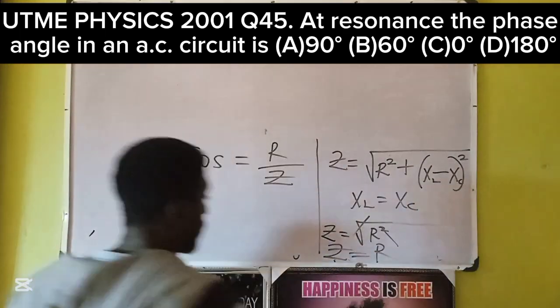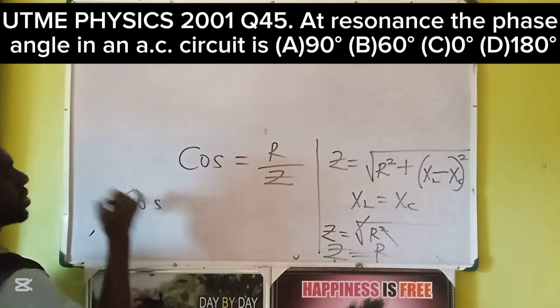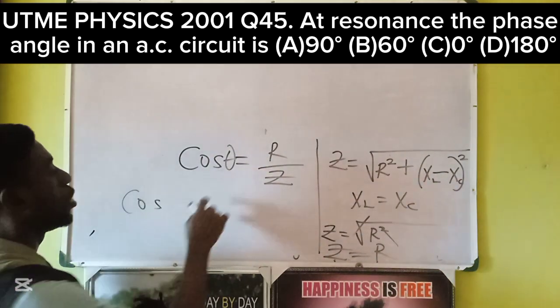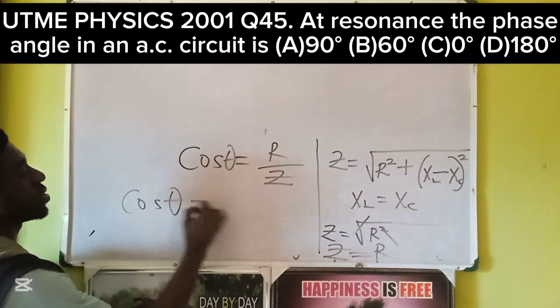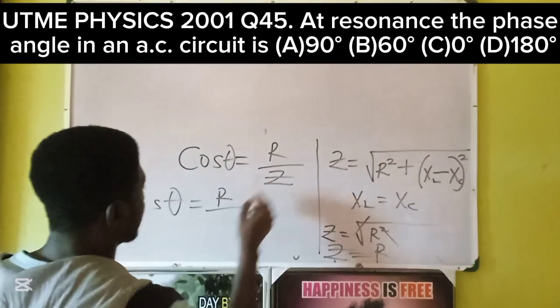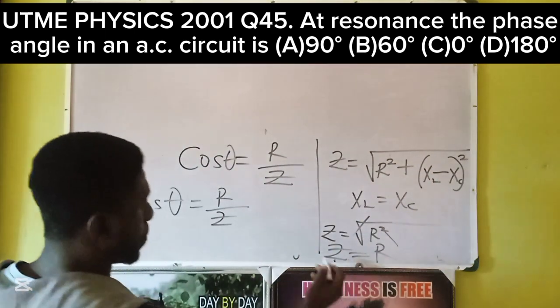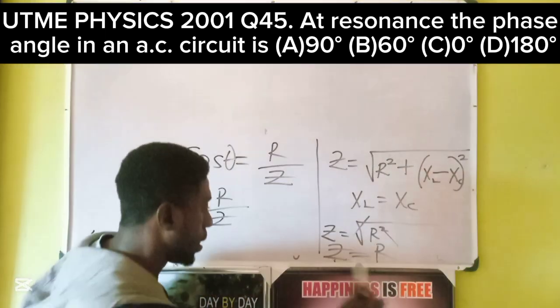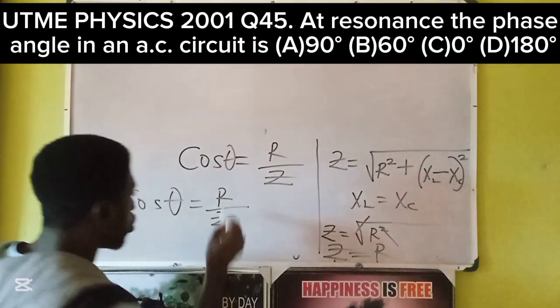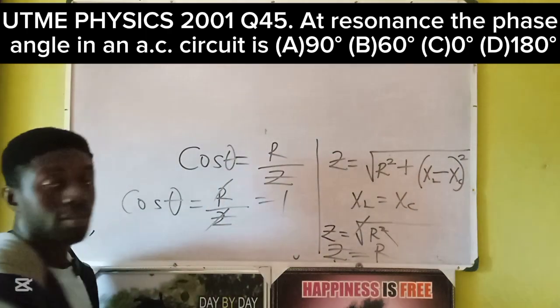Let's still prove it. Coming back here, cos theta is equal to resistance over Z. Notice they are the same. These are equal, which we proved here. Since the impedance and the resistance are equal, cos theta is 1.